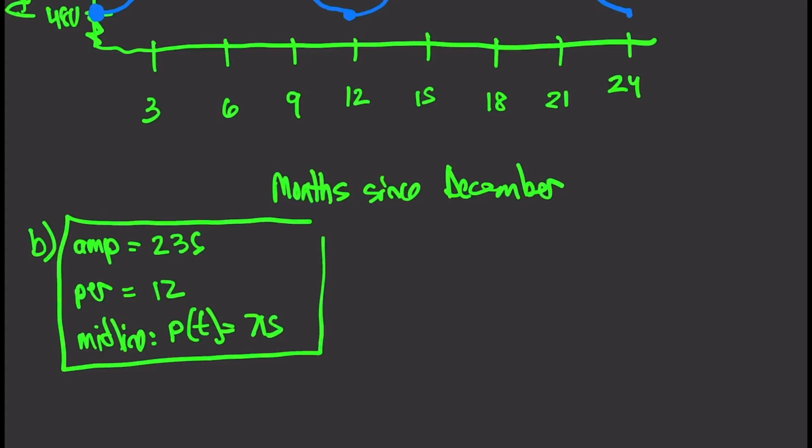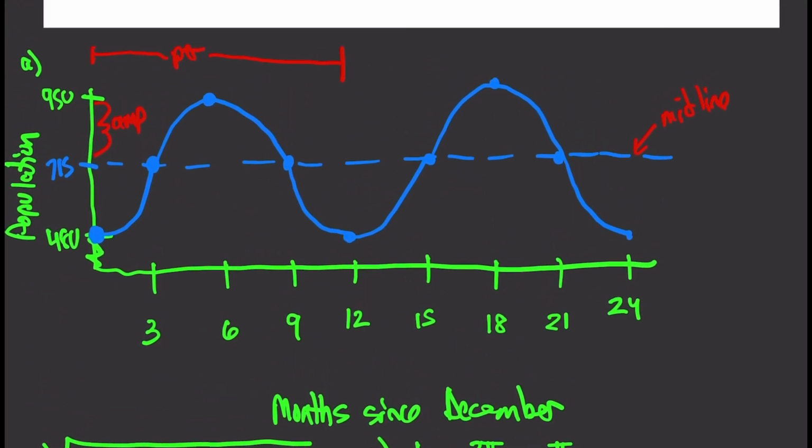Now for part C, they actually want the equation. So the only thing I need to get for this one is a b value. That's going to be 2 pi over the period. You can use 2 pi over 12, or you could use pi over 6. And you want to identify what type of function this is, incorporating any reflections. So you could do a phase shift if you want.